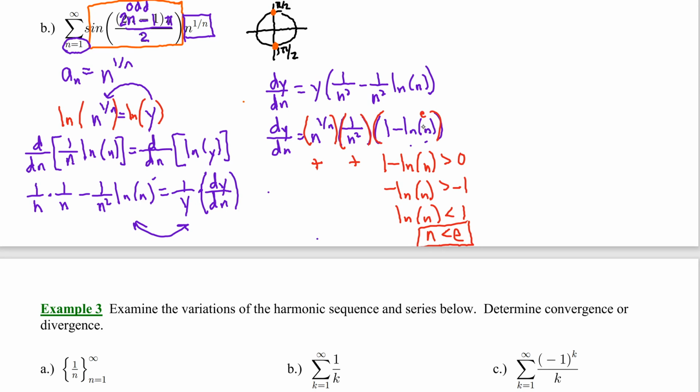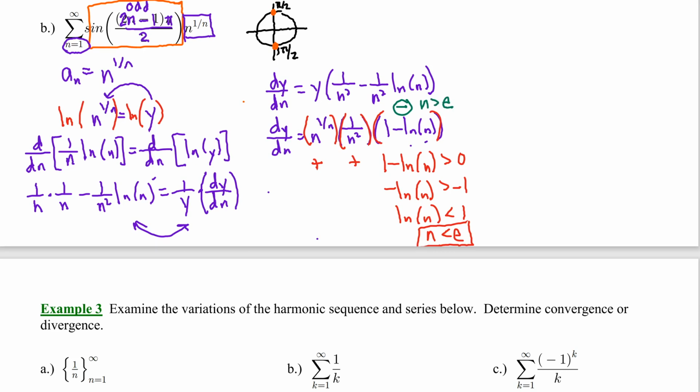If my argument is less than e, then the natural log is less than 1, so 1 minus it is positive. So if that factor is greater than 0 for n less than e, then we can say this factor is going to be negative when n is greater than e.